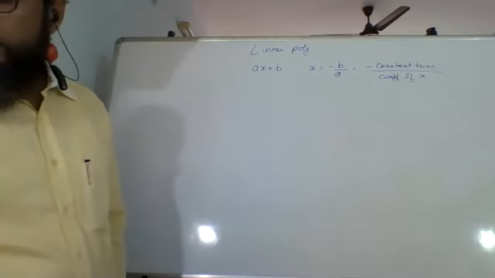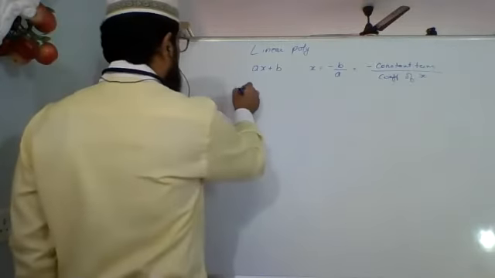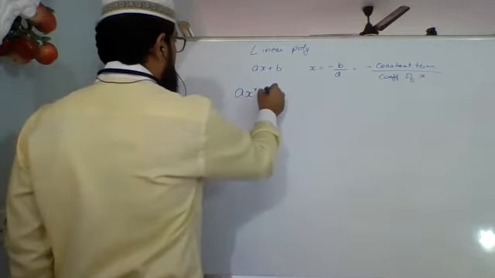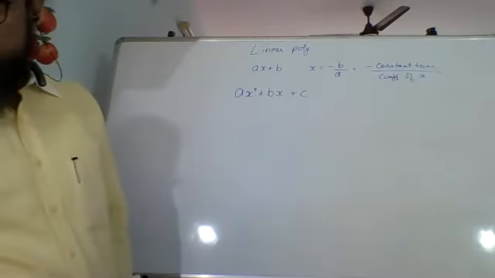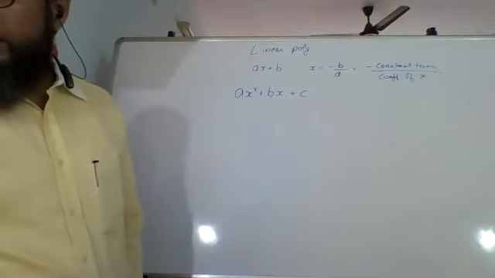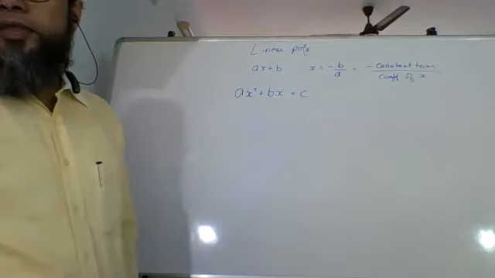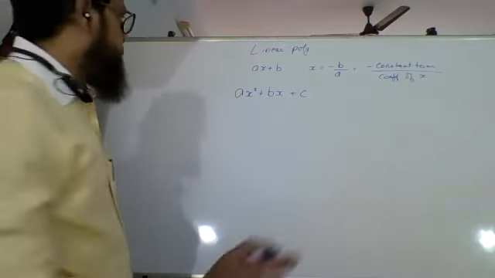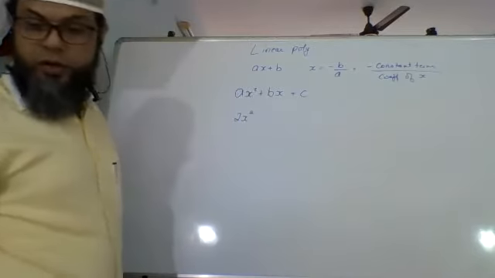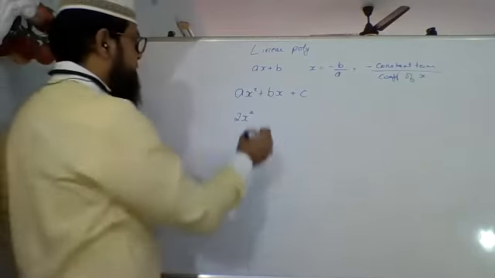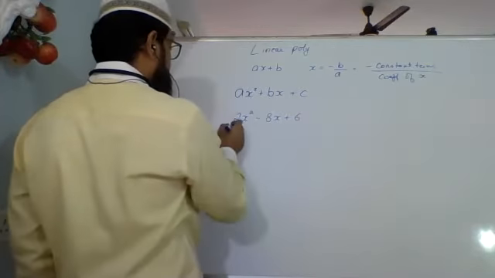In case of a quadratic polynomial, your expression will be ax square plus bx plus c. And we had learned how to do this. We will split the middle term. Let's take an example. Let's say you have 2x square minus 8x plus 6.